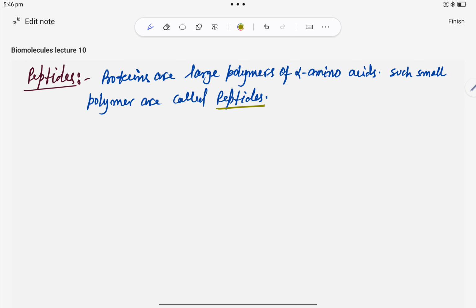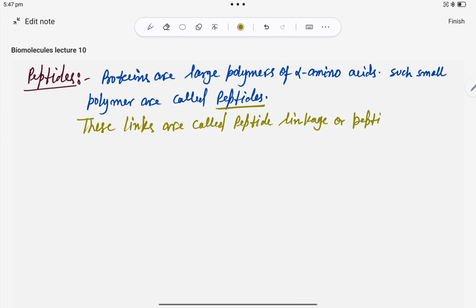Okay. So next, these links are called peptide linkage or peptide bonds.